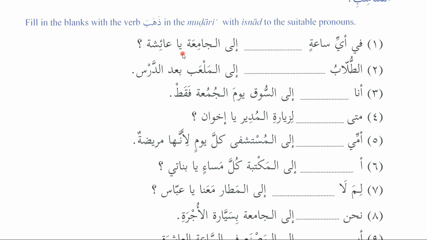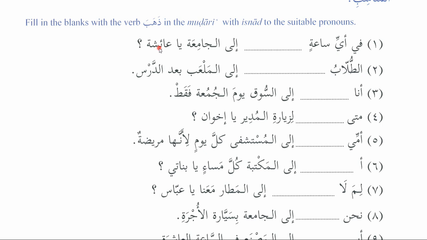Either mutakallim or mukhatib or ghayab. When there is a mukhatib damir, there will be a harf nida. Harf nida tells you that you are going to use a mukhatib damir. For whom? You are mukhatib to Aisha. You are talking to Aisha. She is a girl, feminine and singular.